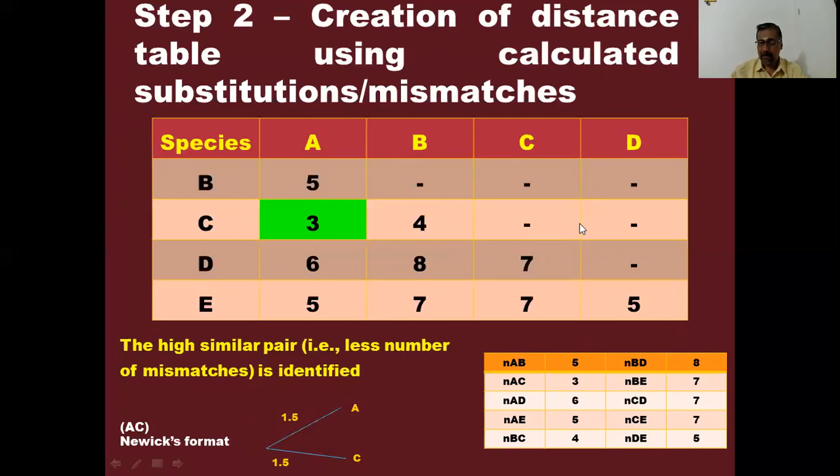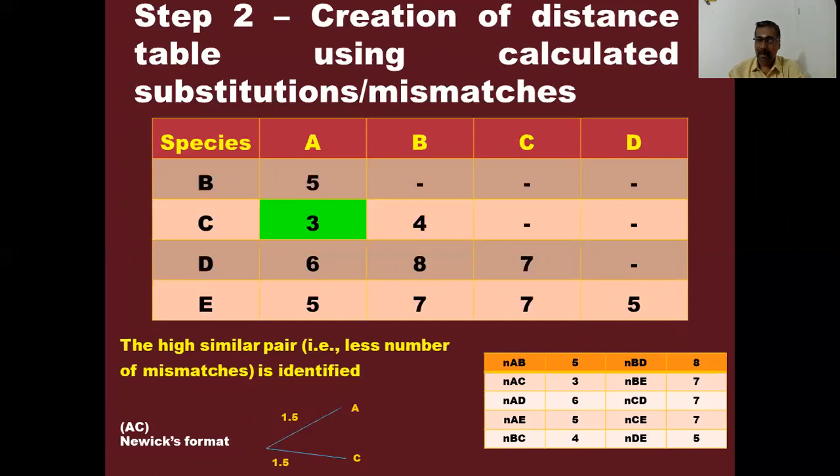Now how to identify the similar species? So A is one species. A could be bat, B could be human beings, C could be chimpanzee. Like that, you can imagine 5 different species. Now, by observing this, the first stage, you have to identify the most similar or neighborhood pair or neighborhood species among A, B, C, D, E. How to find?